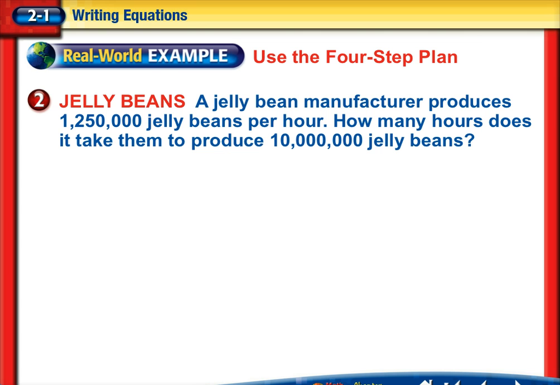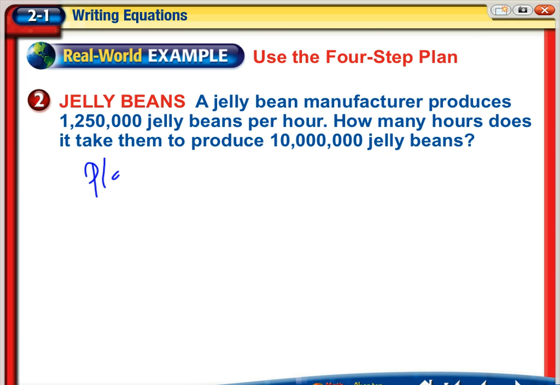How many hours does it take them to produce 10 million jelly beans? So you have the problem, you explore it, you kind of know what they're asking you to do, and the next phase now is to start planning it. So here's the planning phase. When I plan, I start asking myself, what is it that I need to solve for? What am I solving for?